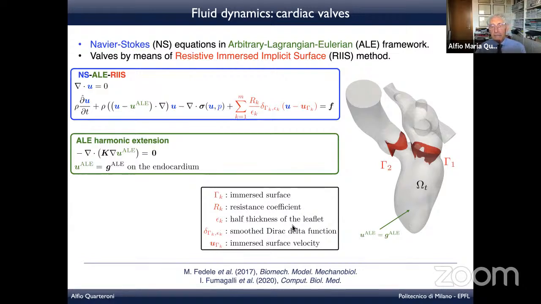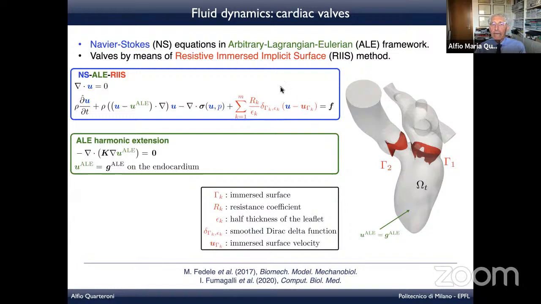Epsilon K is the thickness, actually the half thickness of the leaflet of the valve. Delta gamma K, epsilon K is a direct delta function. So basically what we are doing here is to add an extra term, which is only living on the valve surfaces. And this extra term depends on the difference of the velocities between the actual velocity of the fluid and the velocity of the deformation of the valves, say.